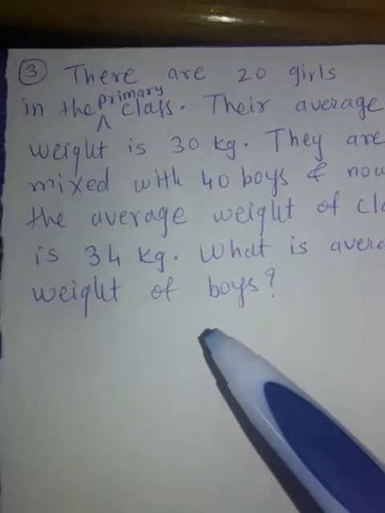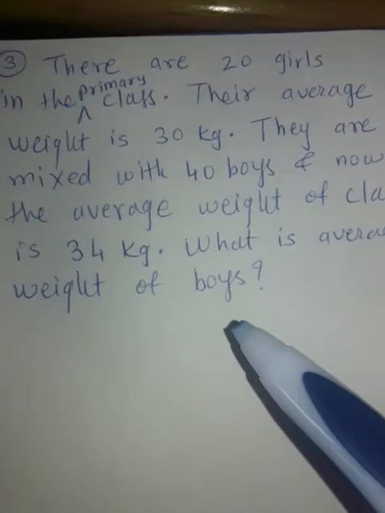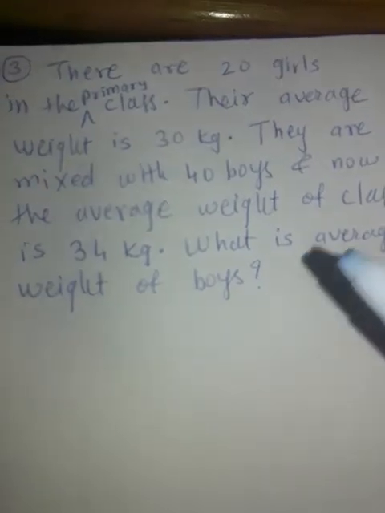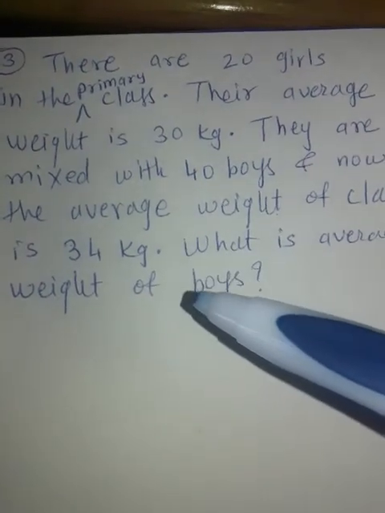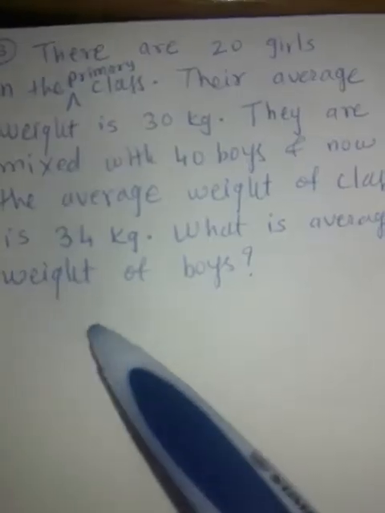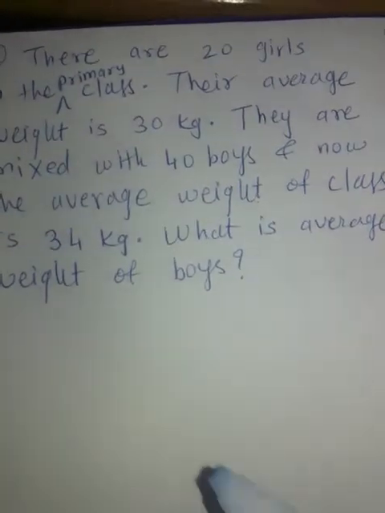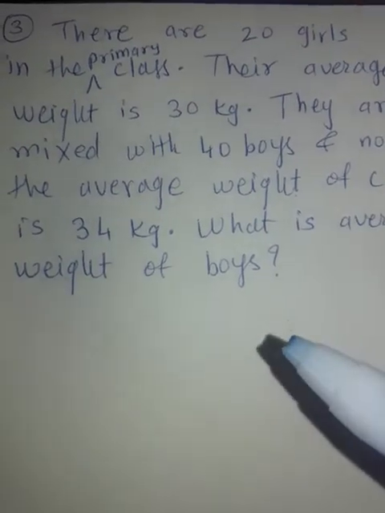But right now I am going to show you how the rule of alligation is going to save our time. Once you understand this rule, if you see these numbers, they are so small, you will do it orally. You won't have to draw this figure which I always draw, left side, right side, then circle, positive difference. You won't have to do all those things once you understand it.